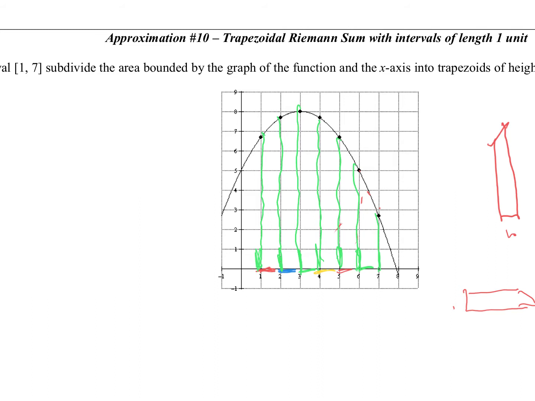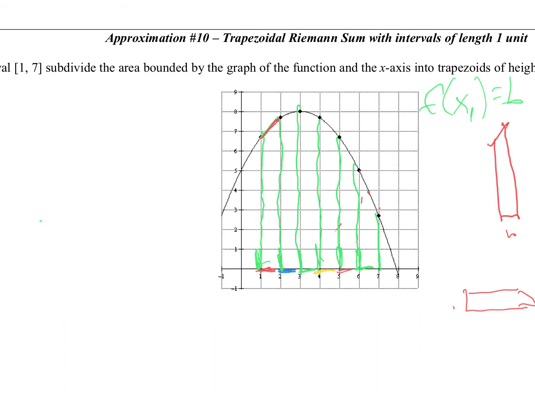So each of those bases has to go up to the function, and the value of that function, of the x value that I'm at, whatever it is, will be a base, okay? And so if I look at the first division here, I'm going to make that the trapezoid.